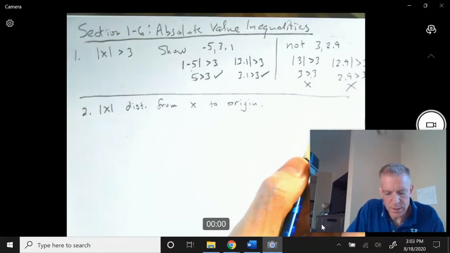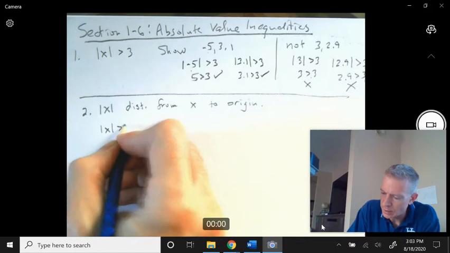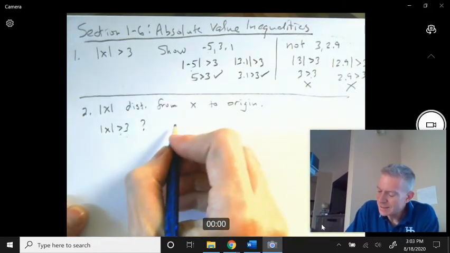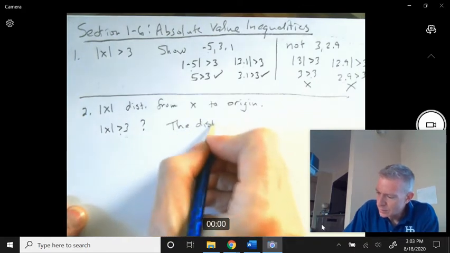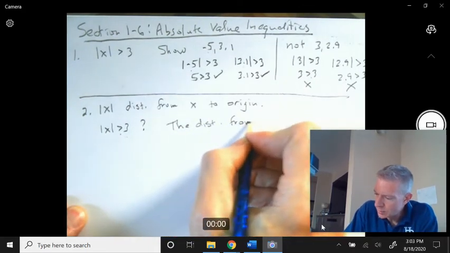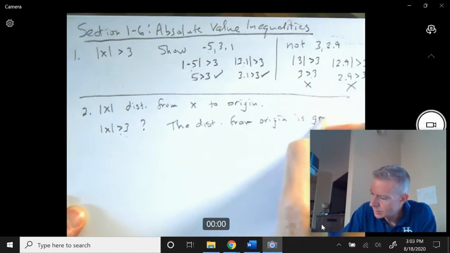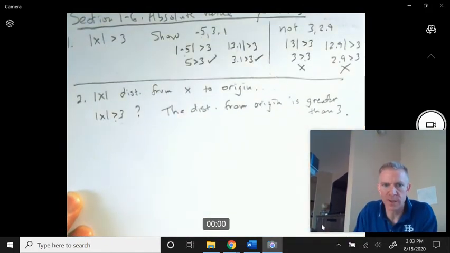What does the inequality absolute value of x is greater than 3 mean? Well, it means that the distance from the origin is greater than 3.